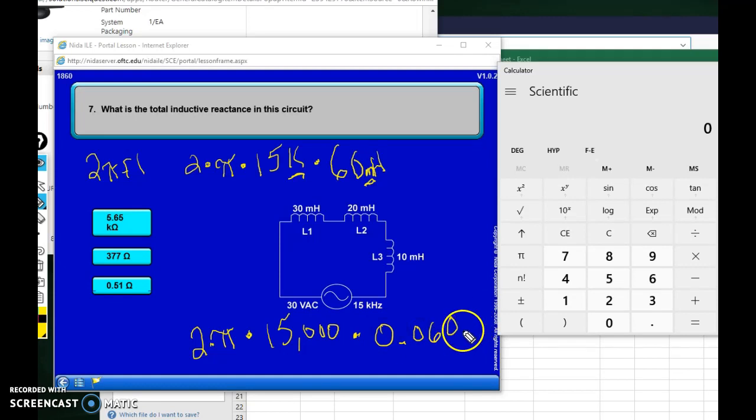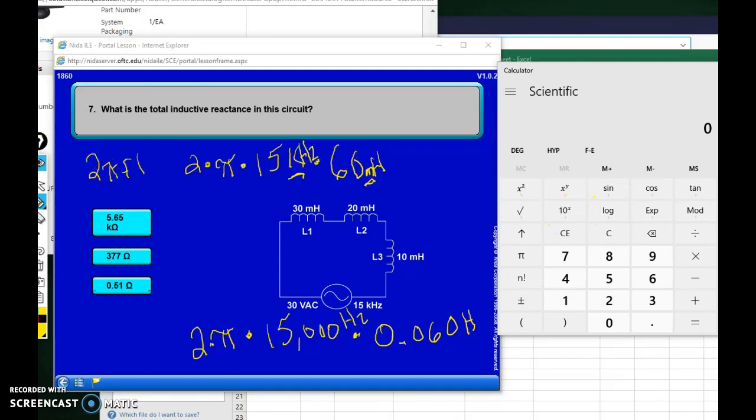And that would be henries. And this would be hertz, and this would be kilohertz up here too. So forgive the chicken scratch, but you get the general idea.